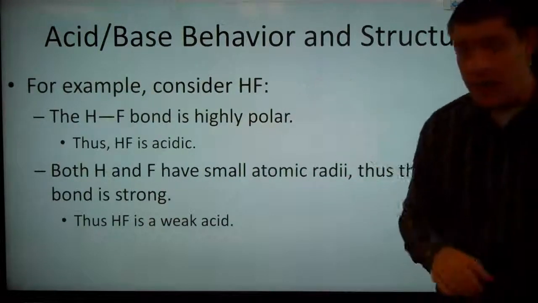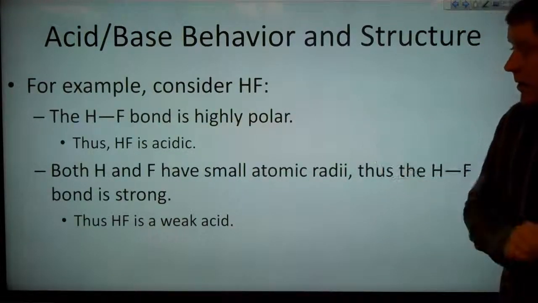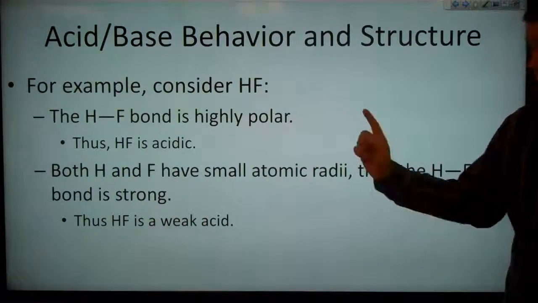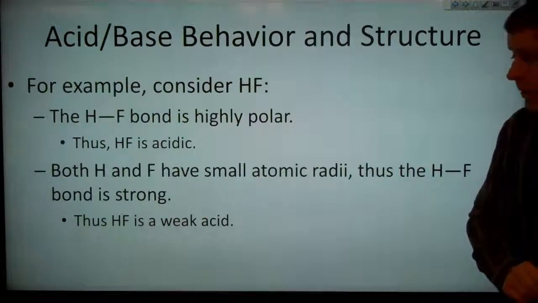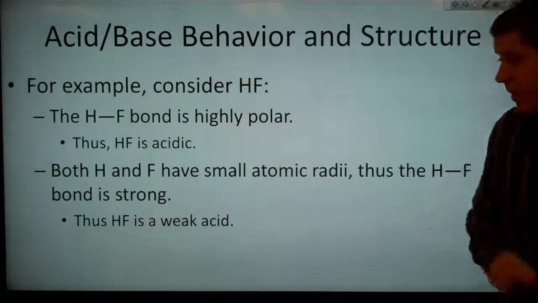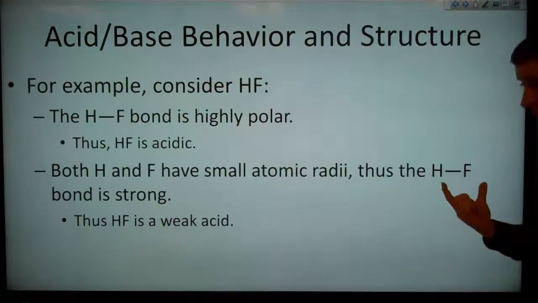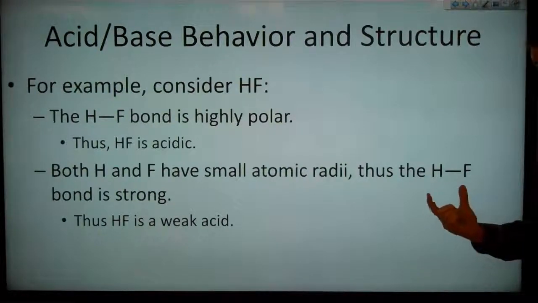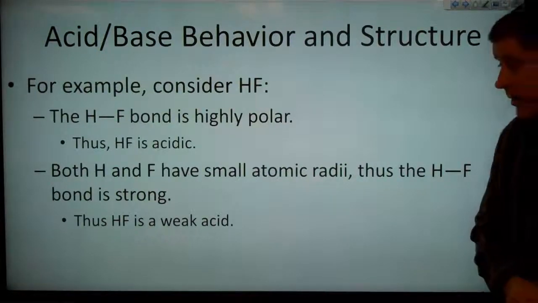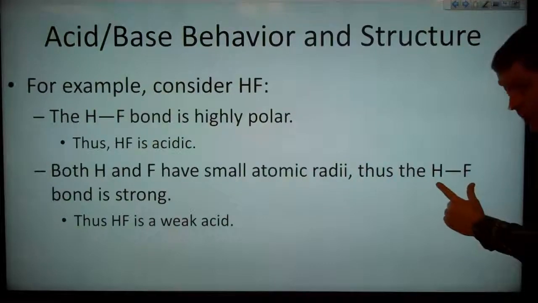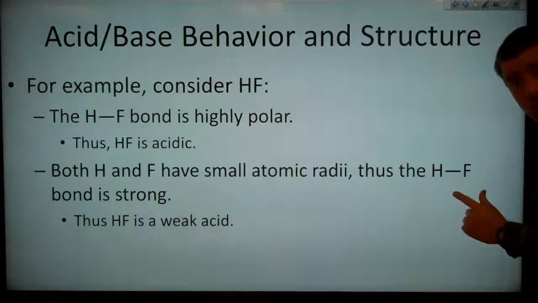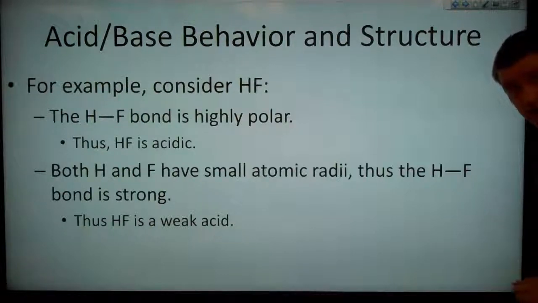So let's look at HF. That HF bond is highly polar, and this means that HF is acidic. But both hydrogen and fluorine have small atomic radii, and this means that that HF bond is very strong. This means that HF is a weak acid. Remember that hydrogen fluoride can undergo hydrogen bonding, whereas something like hydrogen chloride cannot.